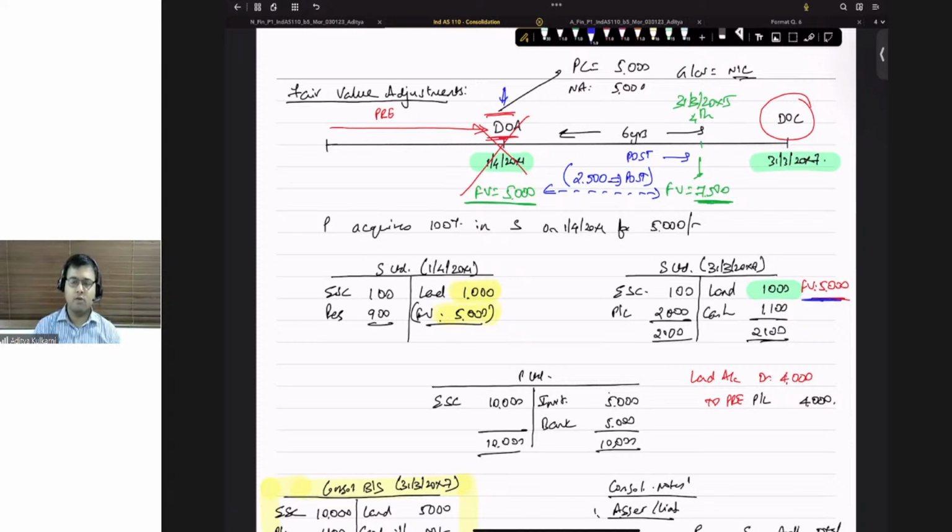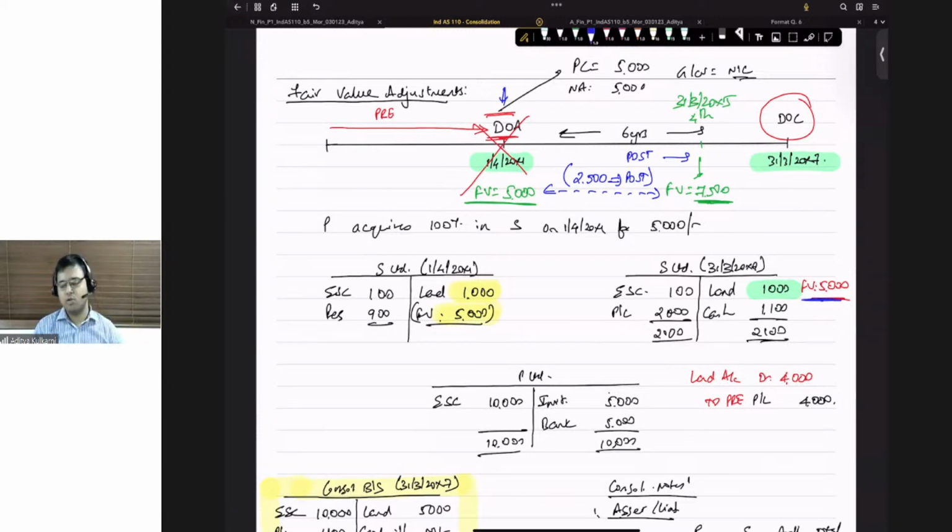So that's how the accounting will happen. Under no circumstances will I ever change the fair value on the date of acquisition. Once the acquisition is done, you don't touch it. The goodwill that has come, that goodwill is all going to be your permanently appearing asset.